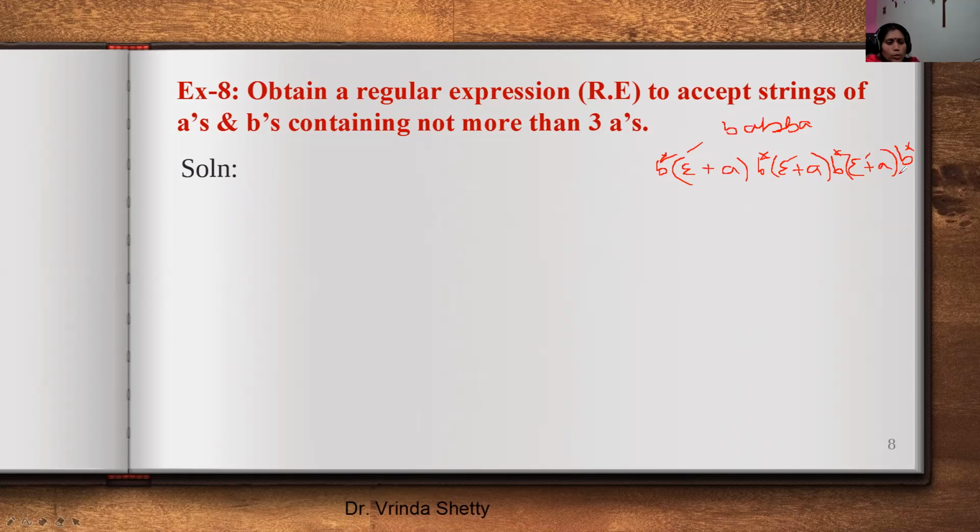This is how we'll write 1a, 2a's, 3a's. So keeping that in mind, everywhere b star, epsilon plus a, b star, epsilon plus a, b star, epsilon plus a, b star. Here is 1a, 2a's, 3a's. It can start with b followed by a, any number of b's followed by a, any number of b's followed by a, or it can end with a b.